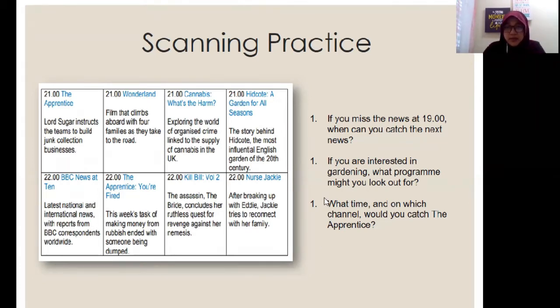Okay, next. If you are interested in gardening, what program might you look up for? Now you know that the point here is gardening. So you should be looking for gardening or some word related with gardening. Right. So this is the program that you want to look if you are interested in gardening.